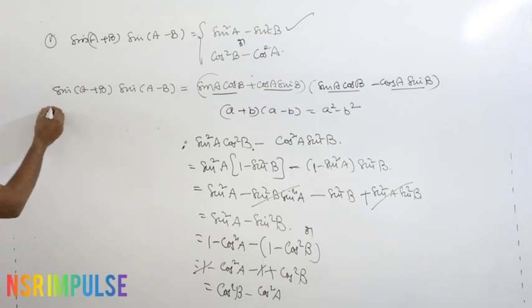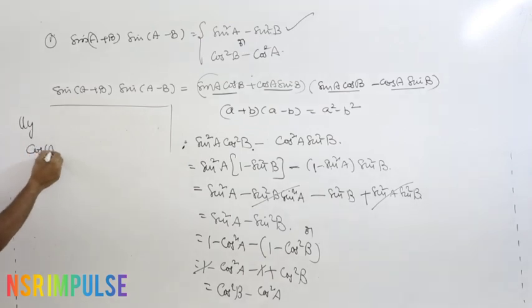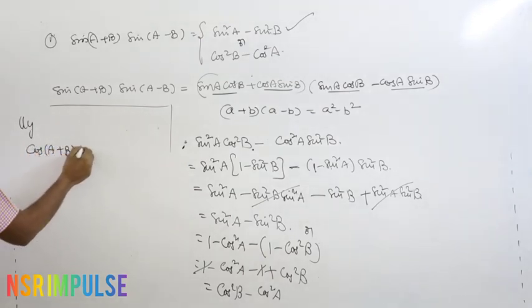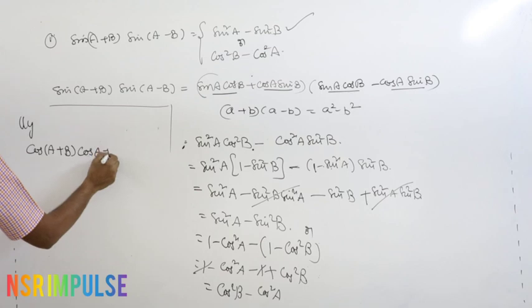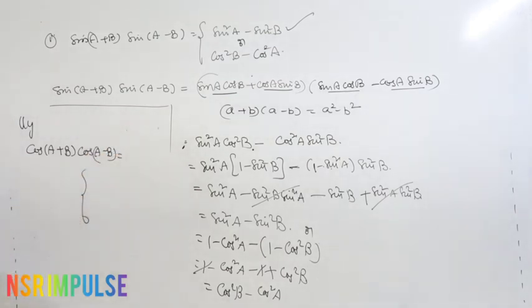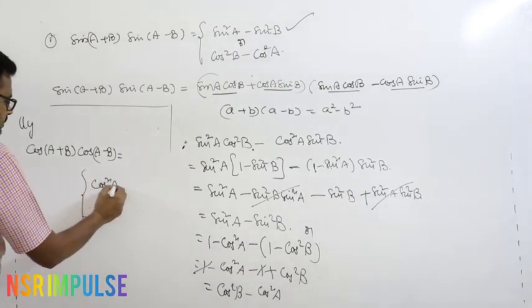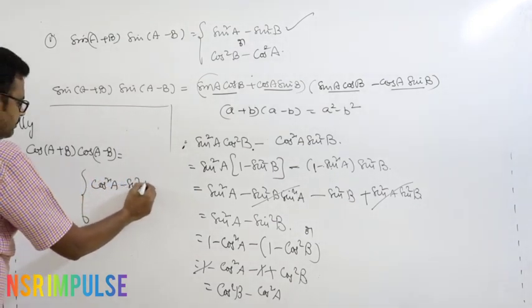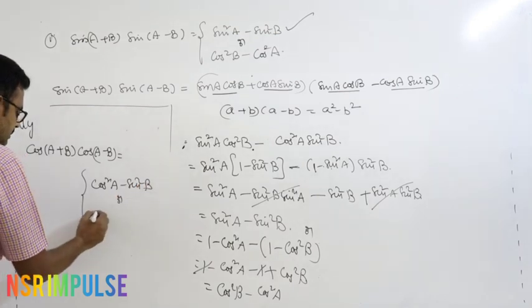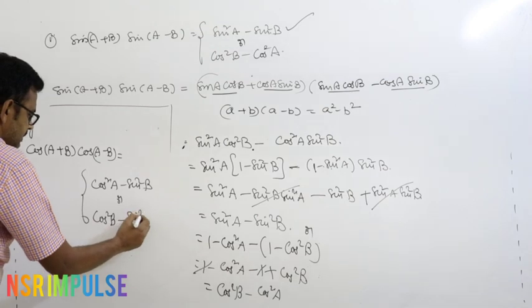And similarly, we have to prove this one result: cos of a plus b into cos of a minus b is equal to cos square a minus sin square b, or cos square b minus sin square a.